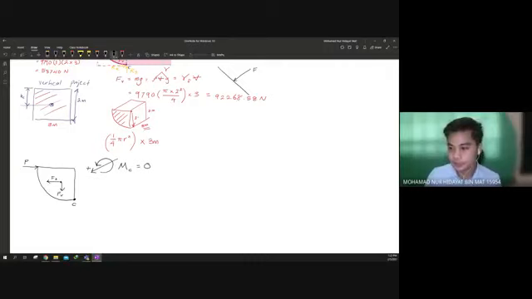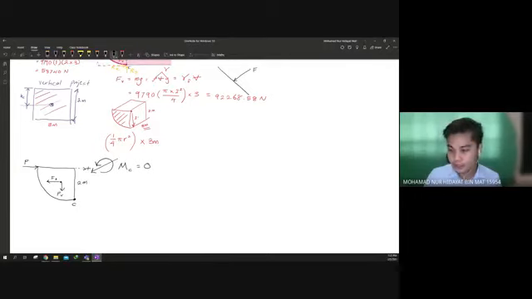Okay, in order to take point C as the origin, you need to know the length, because moment is force multiplied with length. So from here, C to P, okay, this is action line. So from C to P is 2 meter.